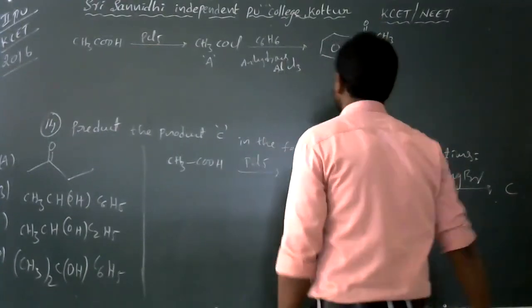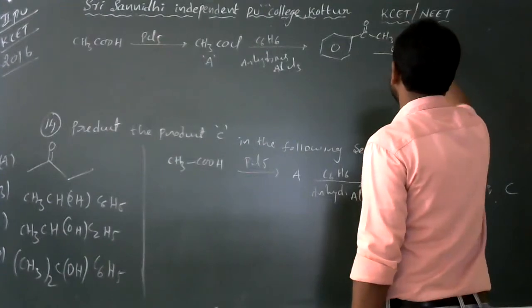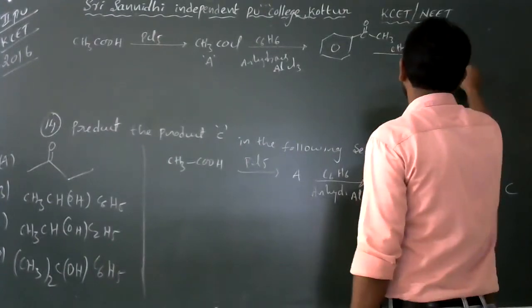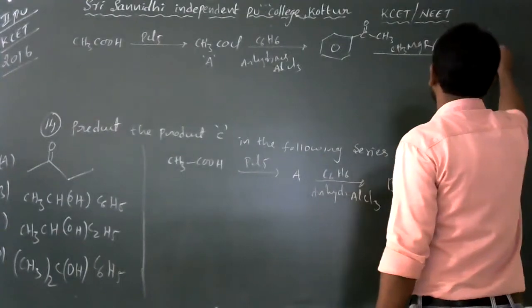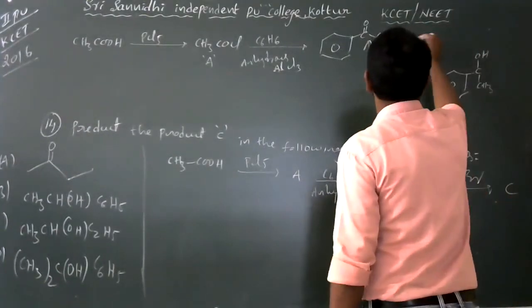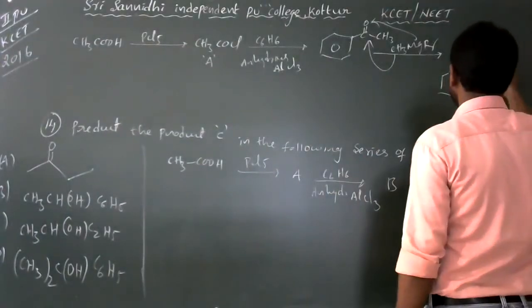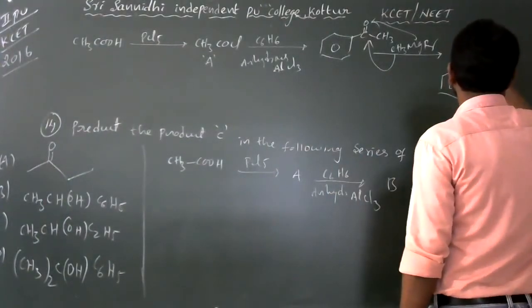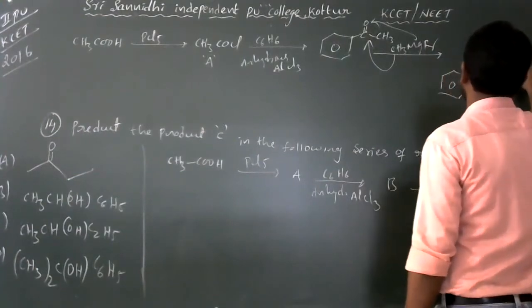Acetophenone, CH3COC6H5, is formed. Then it is treated with the Grignard reagent CH3MgBr, which gives the product where C double bond O, CH3 is attached, and MgBr attaches here. It is OMgBr first, then CH3 we have already.